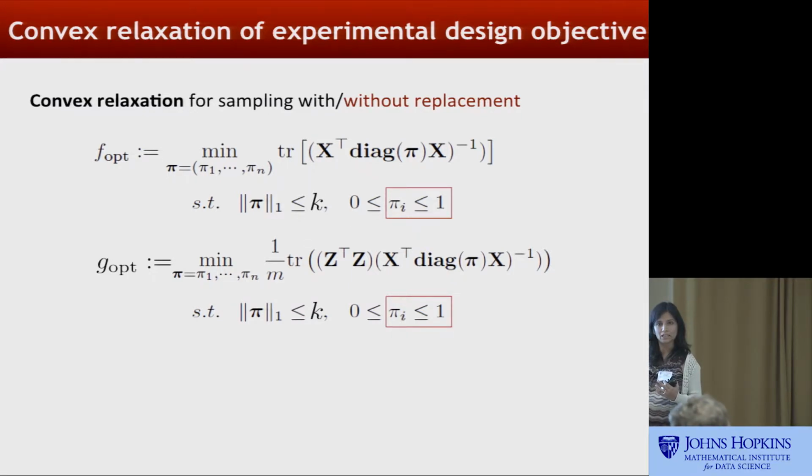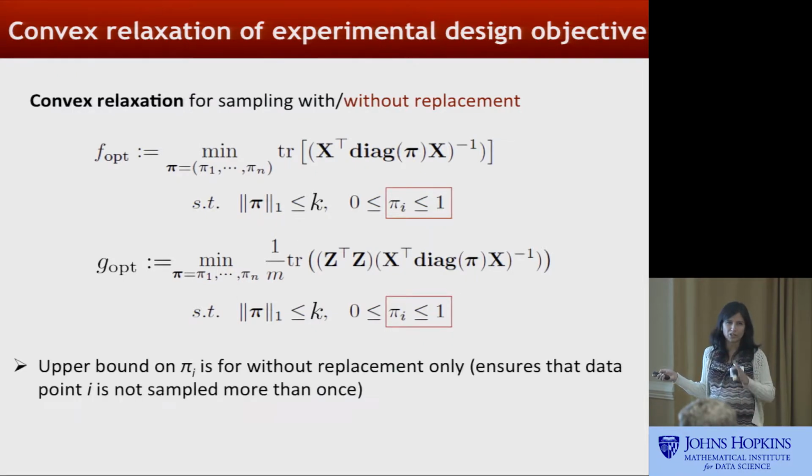So pi over k can be thought of as, I'm now flipping a coin with probability pi to pick the row instead of just saying pick it or not pick it, right? And the upper bound constraint of less than or equal to 1, or if I divide by k, 1 by k, is simply used if you care about the without replacement setting. Okay, so if you don't want to bother with the details, you can sort of forget about that upper bound. But essentially think of pi over k as a probability distribution with which we will sample the rows or columns. Okay.